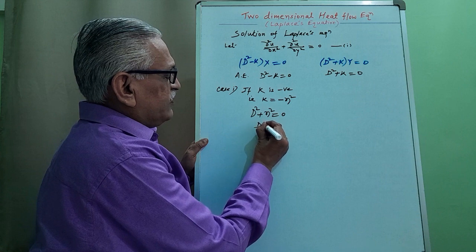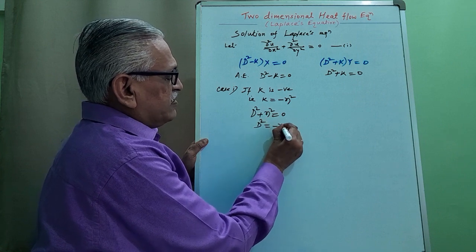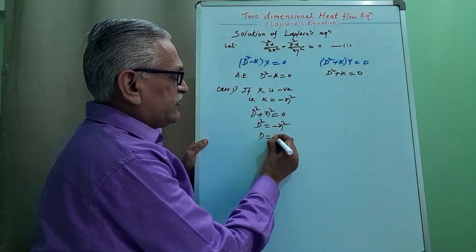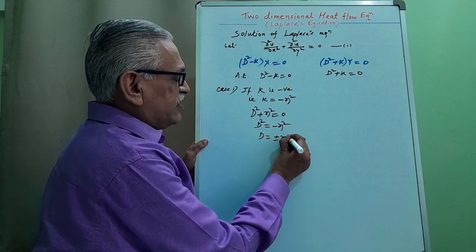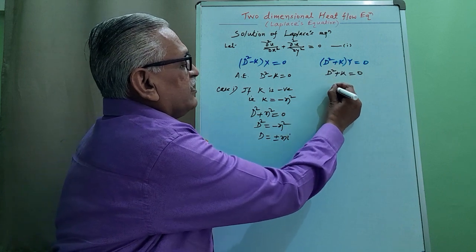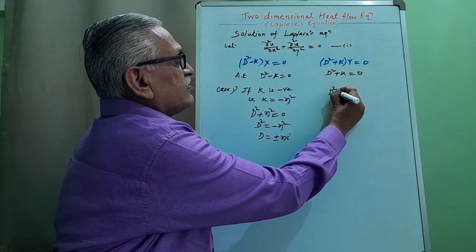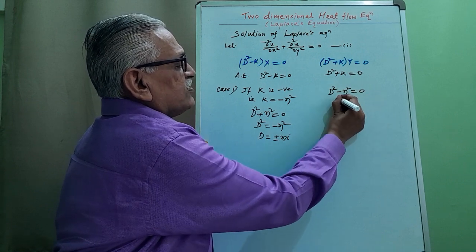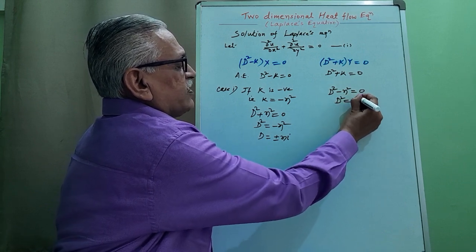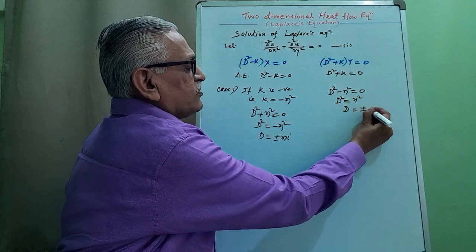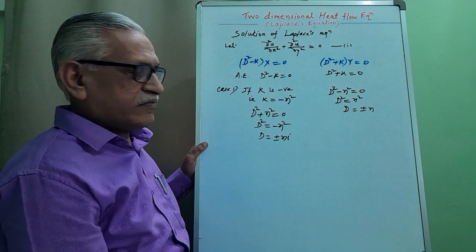Solving it for D, D square equals minus n square, D equals plus minus n i. And from the other, D square minus n square equals 0, D square equals n square, D equals plus minus n.